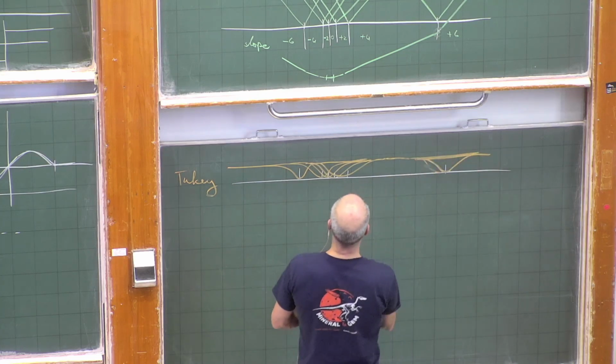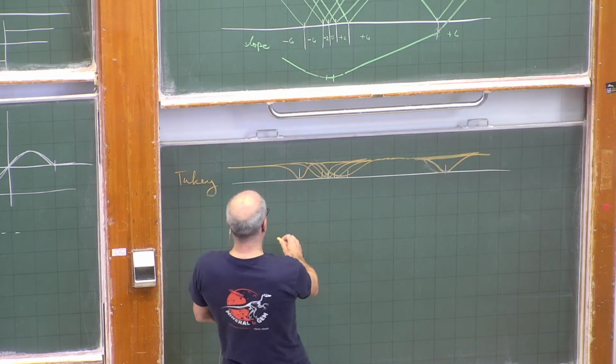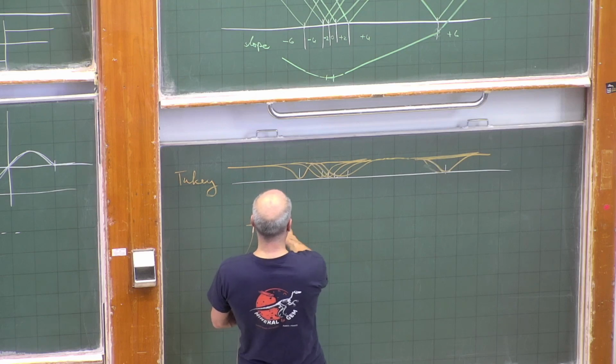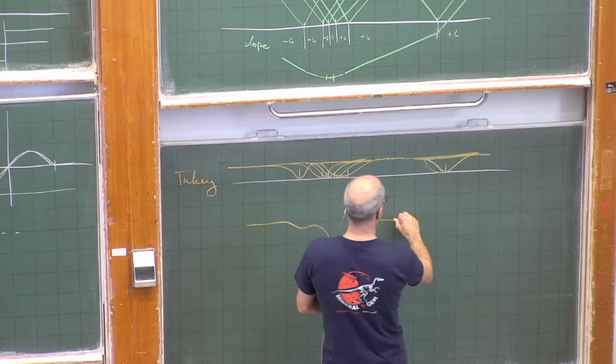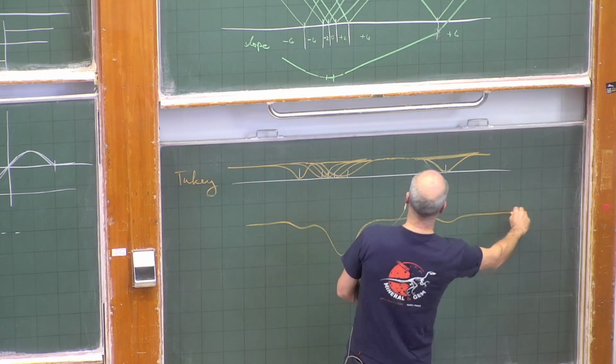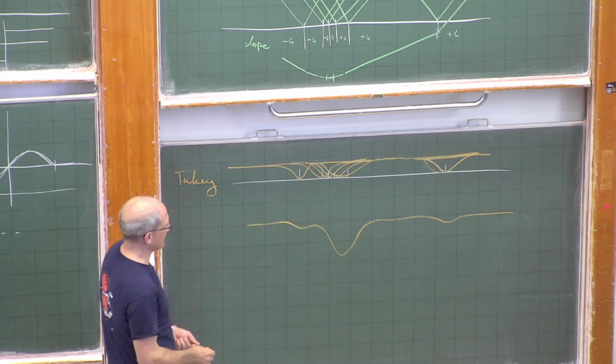Okay, so these are the functions, and now I can add them up, and I will obtain something that looks broadly like so. Yeah, so the sum of all of these is going to be that.